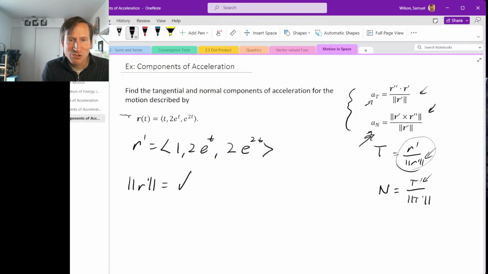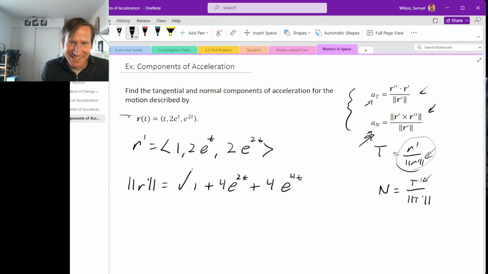The magnitude of r prime is the square root of 1 squared plus 2e to the t squared, so that's 4e to the 2t, plus 2e to the 2t squared, so that's 4 times e to the 2t squared, that's e to the 4t.